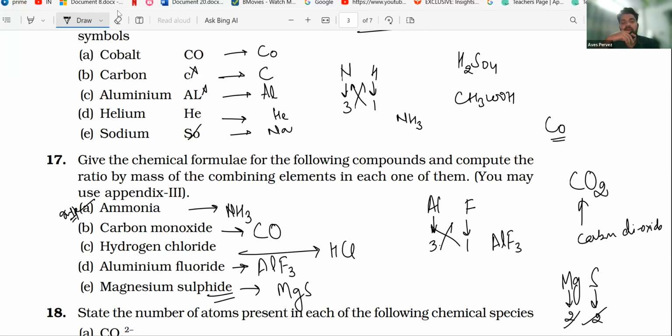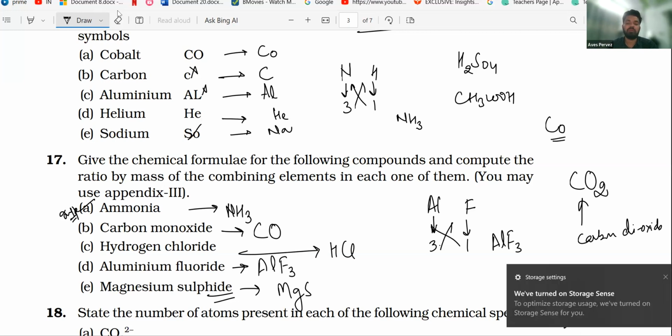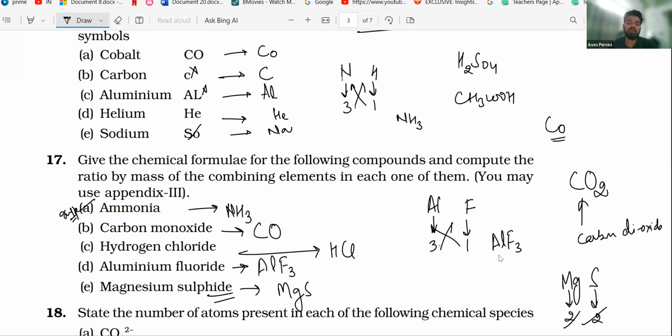Now it is asking us to calculate the mass ratio of the compound, meaning in what ratio the elements are required when forming this compound. So we have ammonia, carbon monoxide, HCl, and the others.